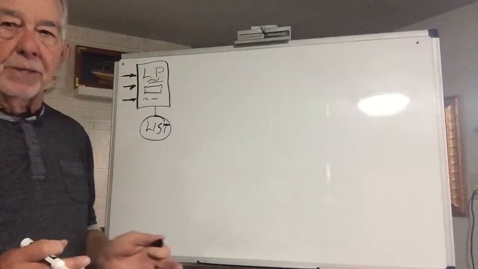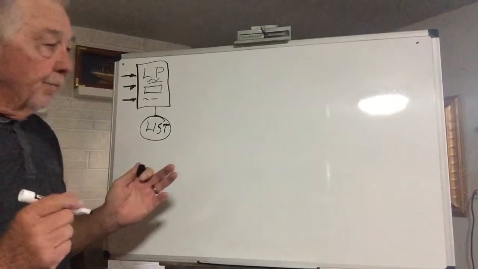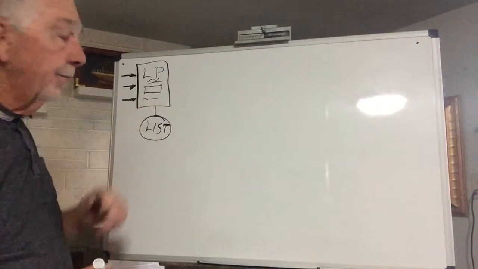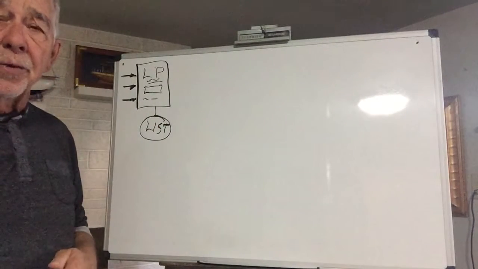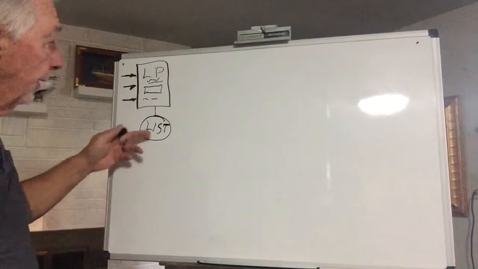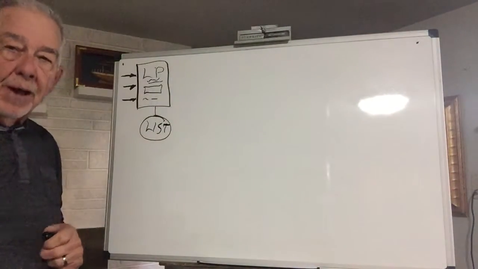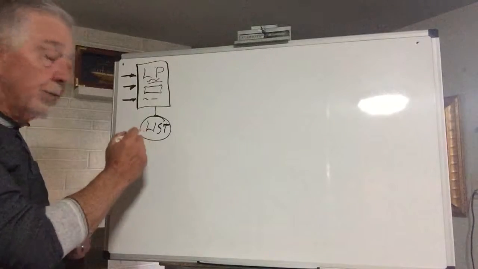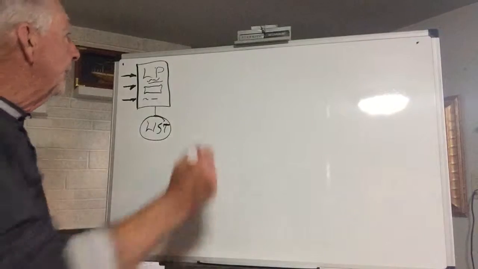If you don't communicate to the list, they may opt in and give you their information, or they may go away and you'll never know they were there. If they get on your list, then that is your asset for your business. We'll talk a little more as we go along about what that list can do for you.